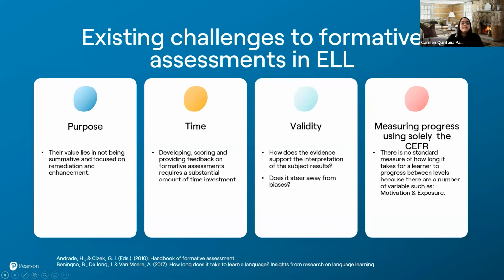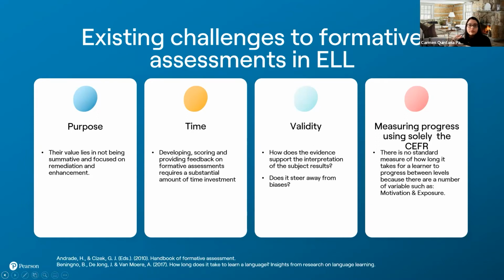You might find that a candidate is progressing slower. This is because there are a number of variables that affect how fast a learner can progress across levels. And then we have what I call the very steep curve between B1 and B2. It takes quite a lot to progress between those two levels. They're very broad in terms of the descriptors that are encompassed and the ability that is required to demonstrate said level.